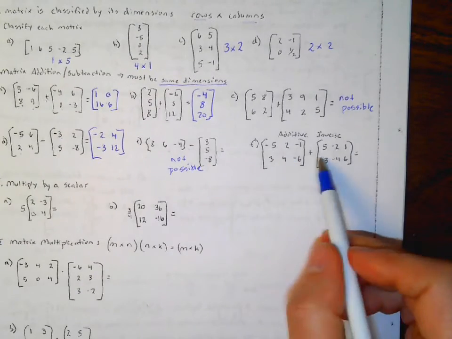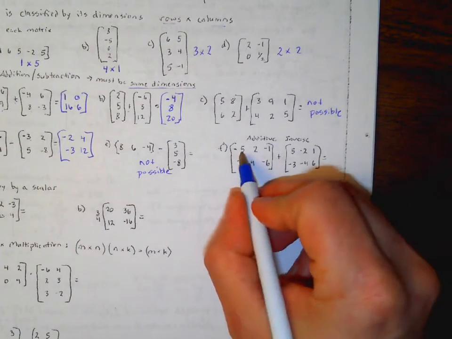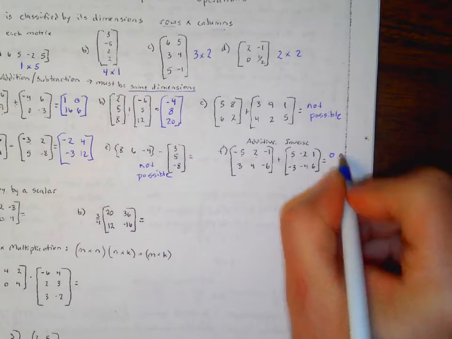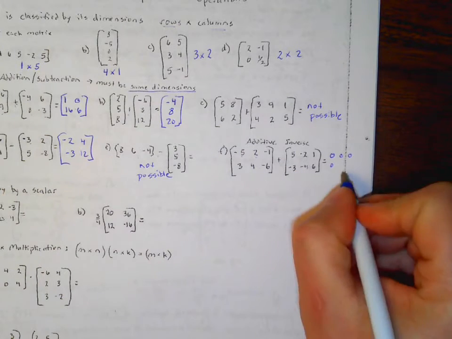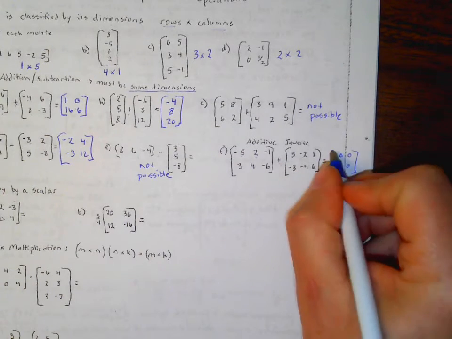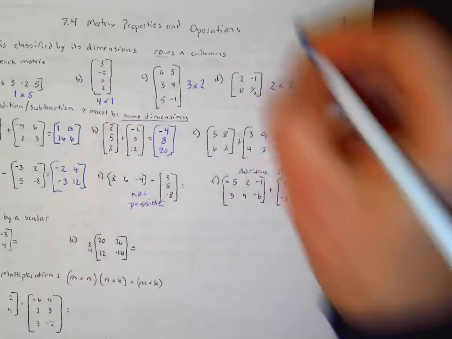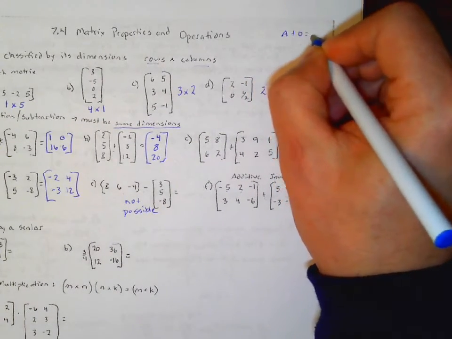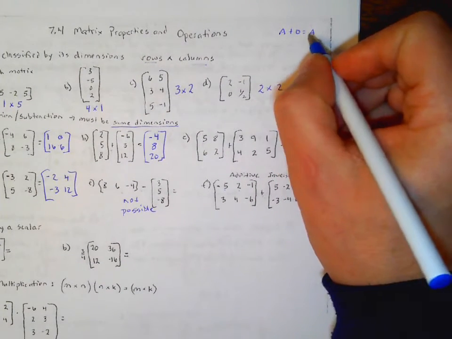And here, if I add -5 plus 5 is 0, 2 plus -2 is 0, -1 plus 1 is 0, and 0, and 0, and 0. Okay? Now, you remember, if I take some number and add 0 to it, I get the same number back.